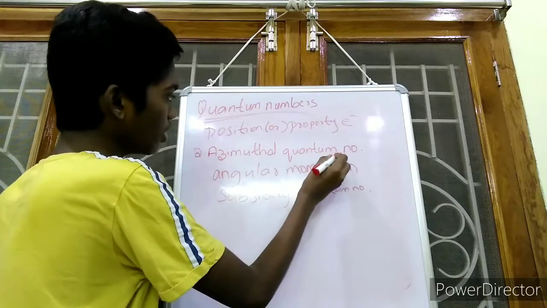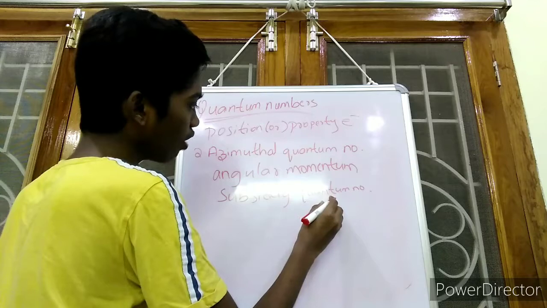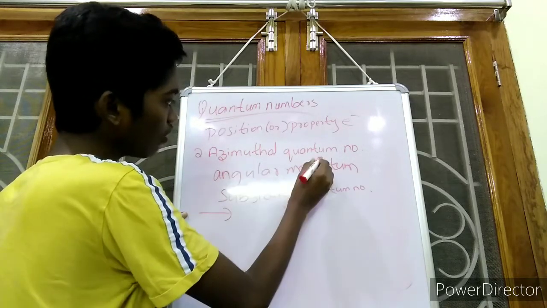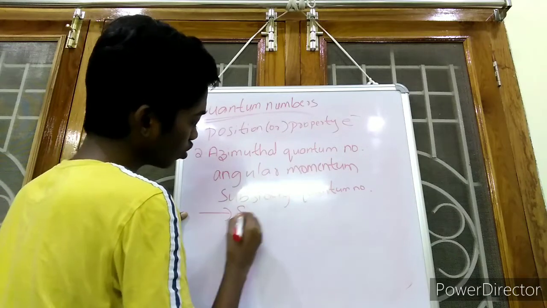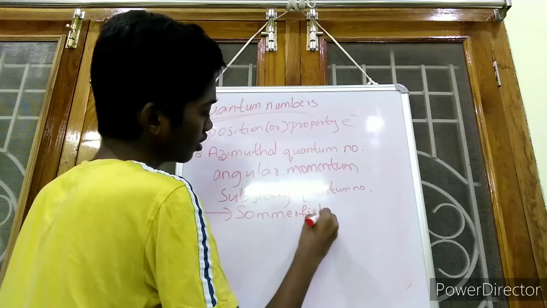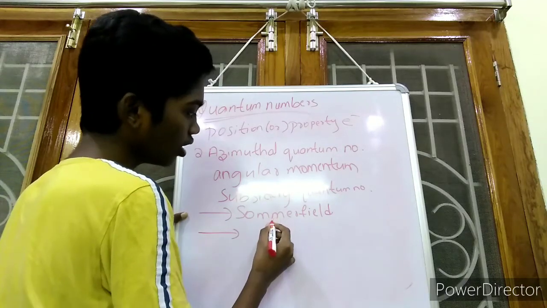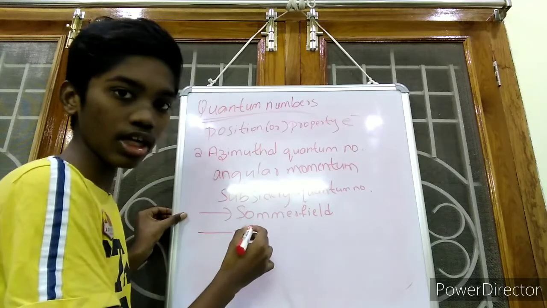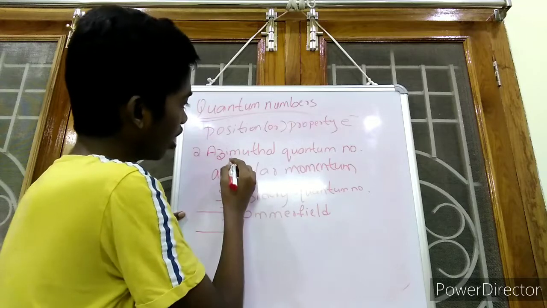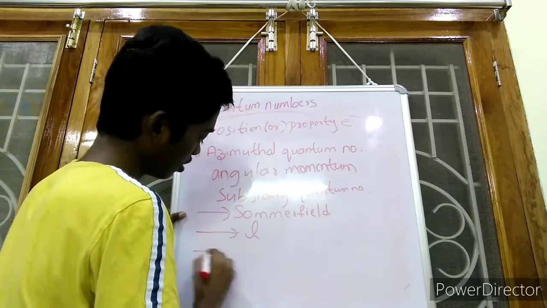The angular momentum quantum number or azimuthal quantum number was proposed by the scientist Sommerfeld, who modified Niels Bohr's atomic model. So this angular momentum quantum number is denoted by l.